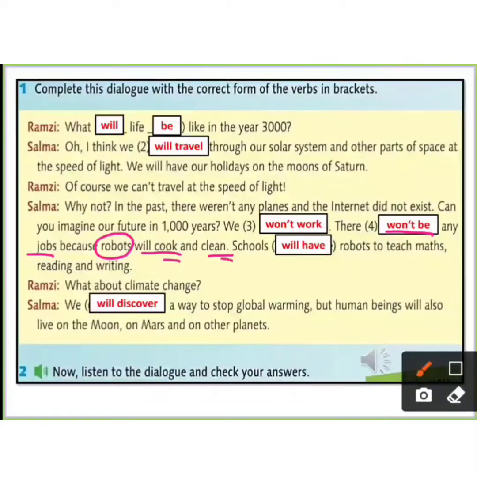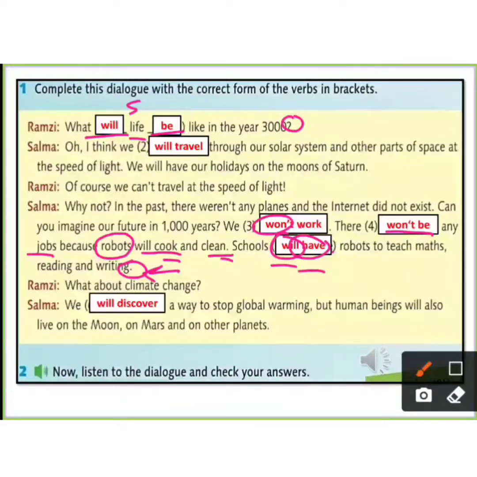What else? Schools will have, so will, this modal, has an infinitive verb, and this is a sentence with a full stop at the end. That's why we put will have. Notice that now we have taken the 3 forms. We took the question, the order is different, we start with will, then the subject, after that the infinitive verb. We took the affirmative, the negative won't, and now the affirmative, the positive sentence: will plus what?